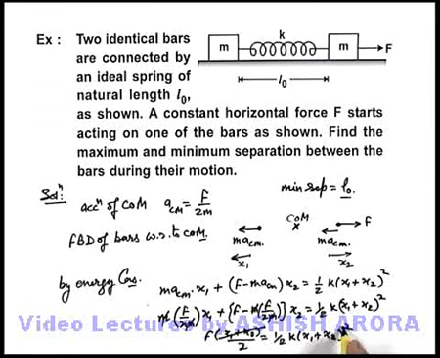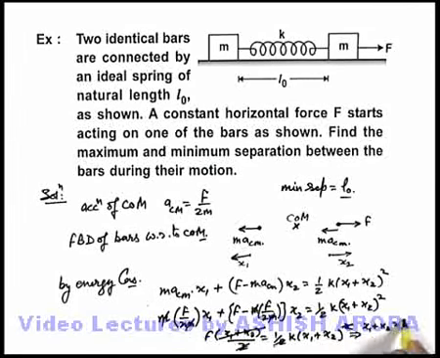This (x1 plus x2) gets cancelled out and 2 also gets cancelled out. We can see the value of x1 plus x2 here is only F upon K, which is the answer to our problem.